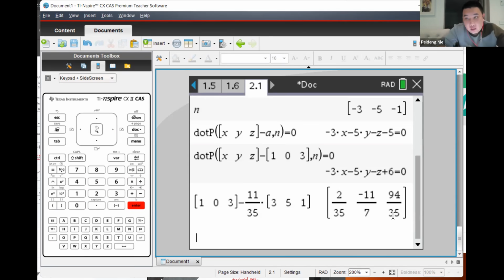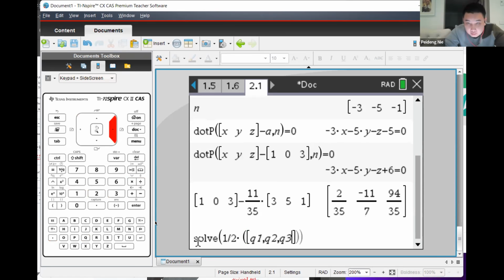So now the final thing is, if I know the point P and the midpoint, I don't know the point Q. So let's say half times (Q1, Q2, Q3) added to the point P. What is my point P?